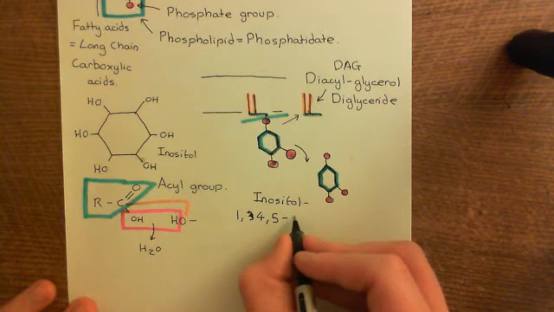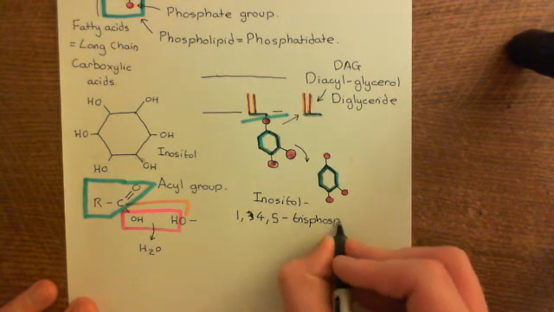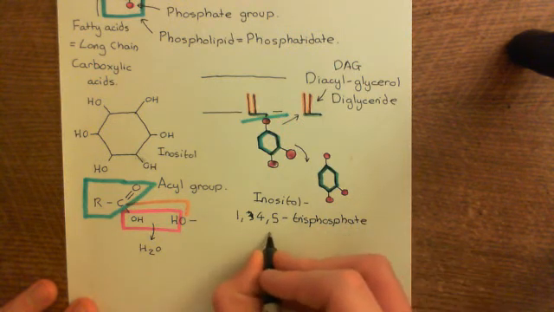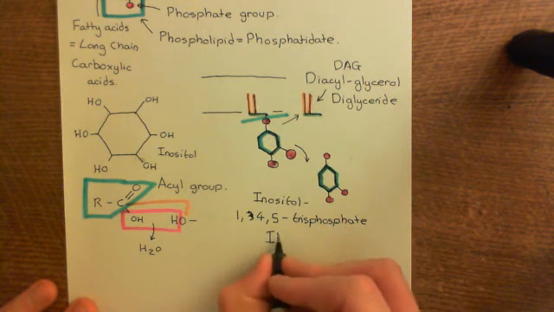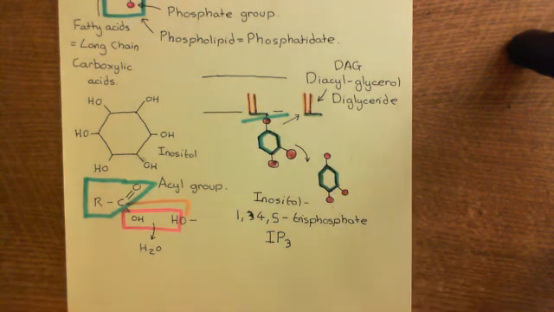So it's inositol 1,4,5-trisphosphate. Again, because this is a bit of a mouthful, it's often abbreviated to I for inositol, P for phosphate, and then 3 because you've got 3 phosphate groups. So this is often abbreviated to IP3.